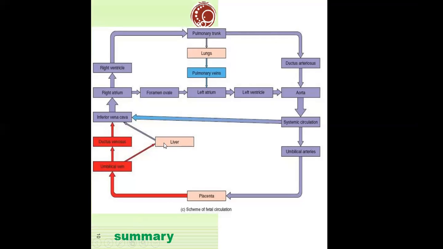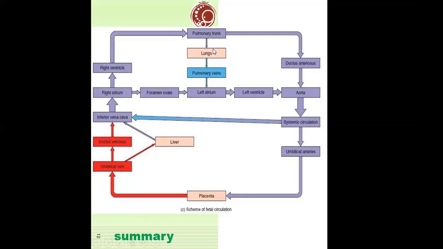It will pass through veins to the inferior vena cava, and from the inferior vena cava it will enter the right atrium. From there through the foramen ovale, some will come to the left atrium while some will go to the right ventricle and from there through the pulmonary trunk.